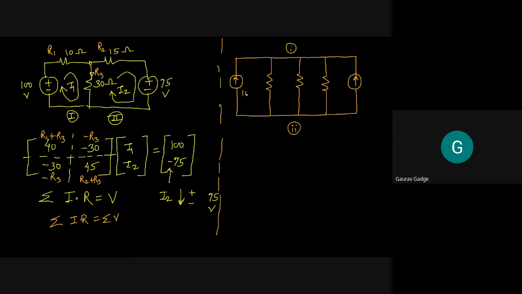So this is your 10 ampere, 10 ohms, 30 ohms, 15 ohms, and 5 ampere. Now, how many equations are going to be formed for this particular circuit? There is a single equation that can be formed, right? Now, I think all of you are clear up to this particular point.